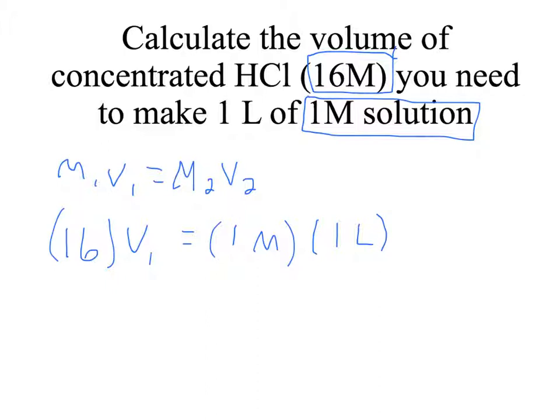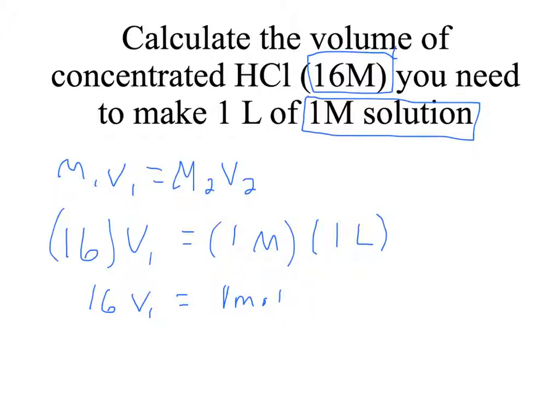So we end up with 16 V1 equals 1 mole. We need to figure out how much of this solution we need to have 1 mole of hydrochloric acid. So we'll do 1 divided by 16 to isolate that variable.